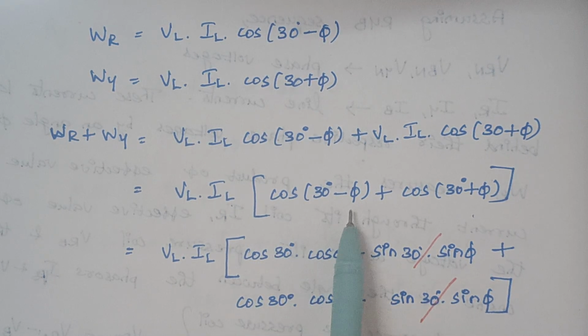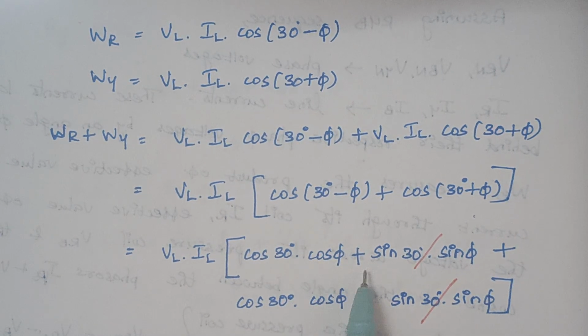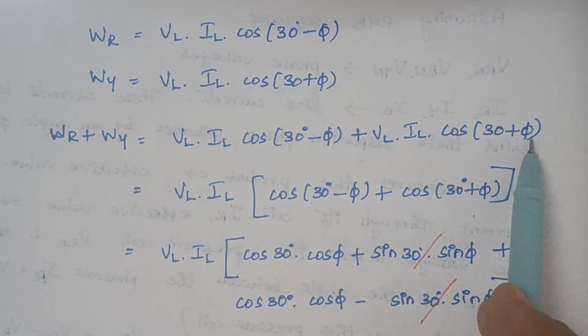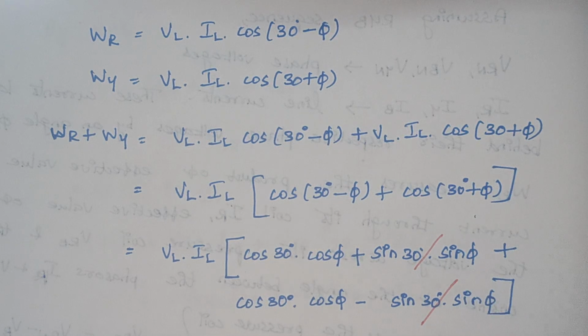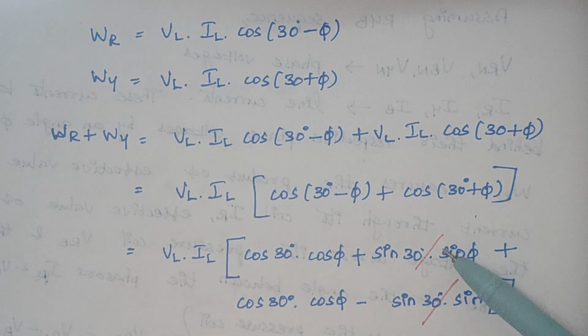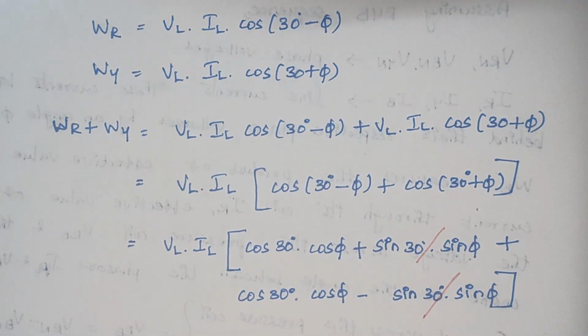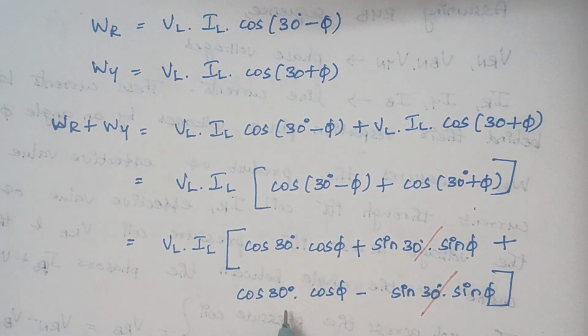Cos A minus B is cos A cos B plus sin A sin B. Similarly cos A plus B is cos A cos B minus sin A sin B. Here these two terms cancel each other.